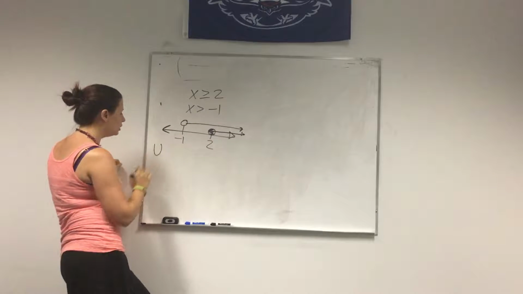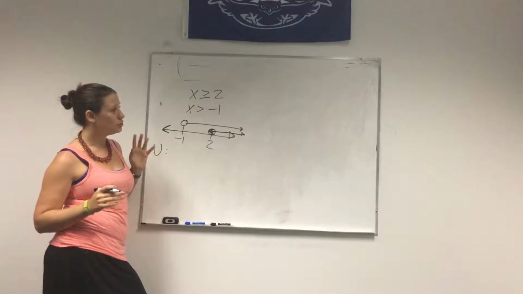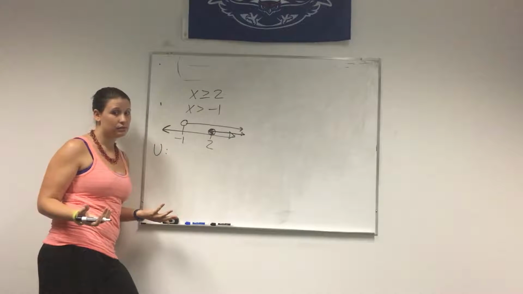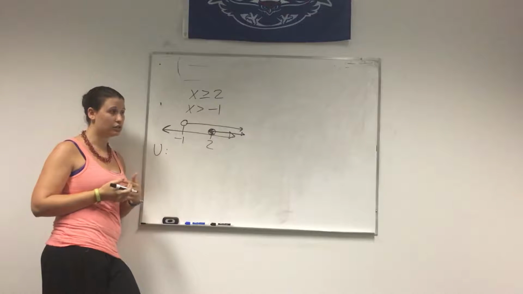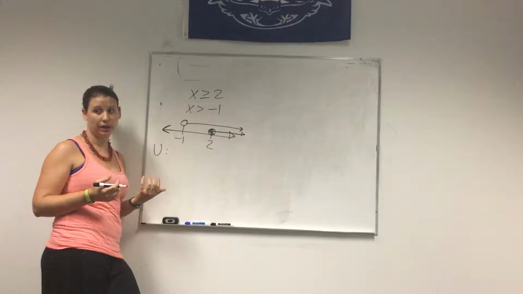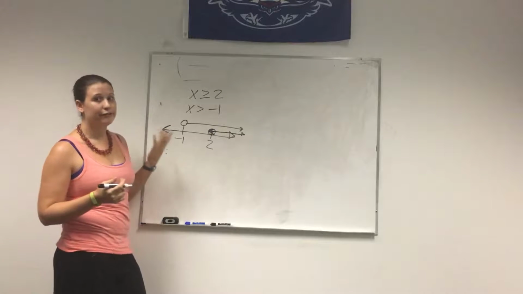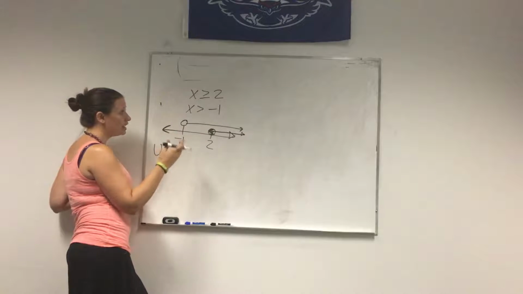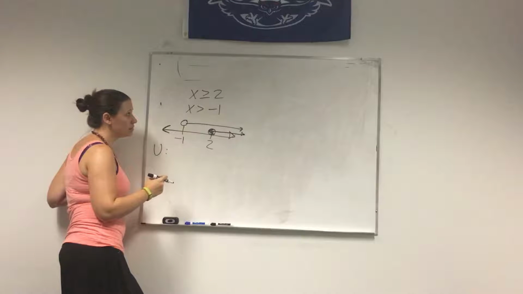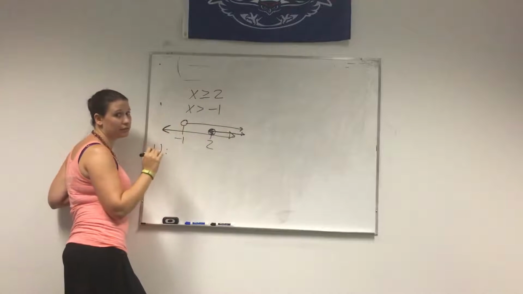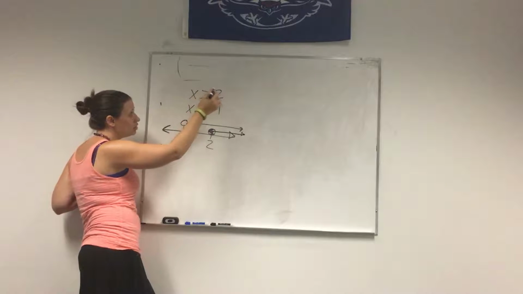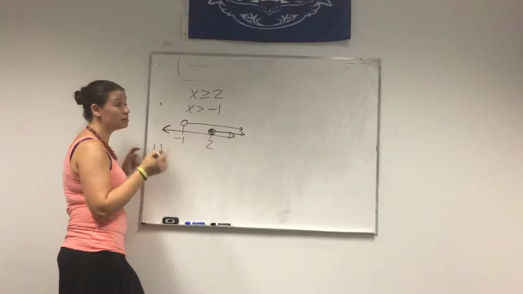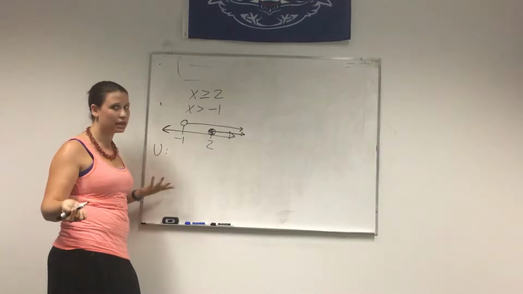So let's first talk about the union. The union of two sets, remember, is what at least one of them has. Doesn't matter if both have it, it's just if one of them has it. It's an or, right? So let's think about values again. Let's think about -1. Does -1 work in one of the sets? Well, it doesn't work in the first one, right? Because -1 is not greater than or equal to 2. But -1 is still not greater than -1, right?